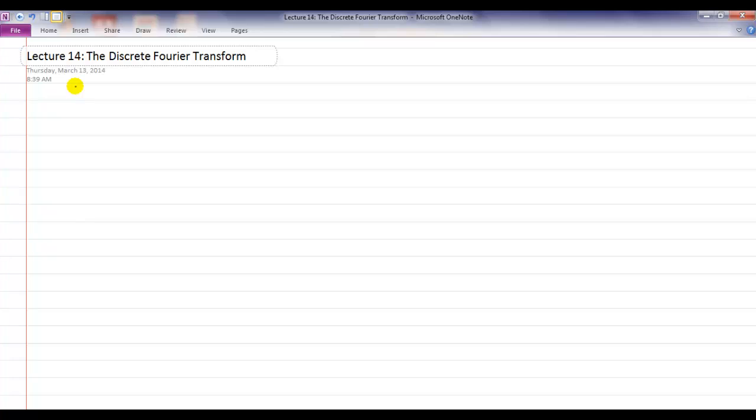The other difference is that the discrete Fourier transform, at least for the sake of this class, we are only going to define for finite duration signals. So we talked about how you define the length of a signal. We talked about the concepts of zero padding.